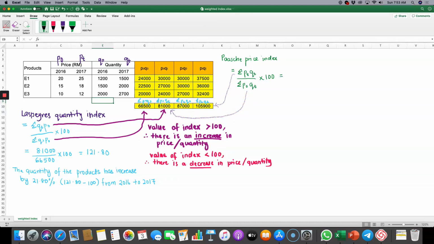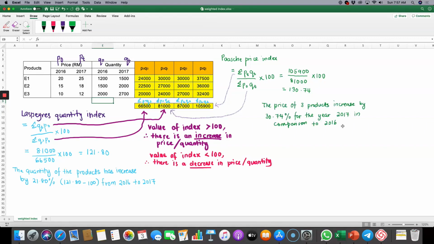Substitute these two values into this formula, and the Paasche price index for these three products is 130.74. This value means that the price of the three products increased by 30.74% for the year 2017 in comparison to 2016.